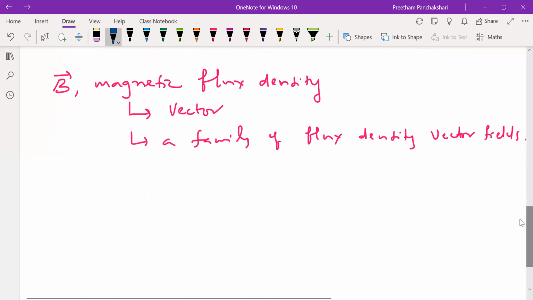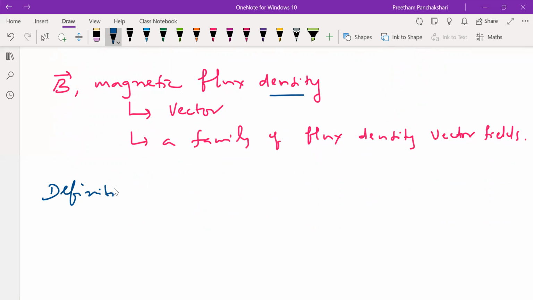Magnetic flux density, as the name itself indicates, is a density, which can be defined as magnetic flux per unit area.